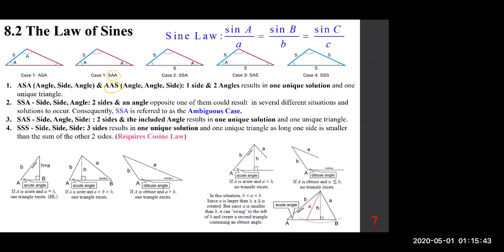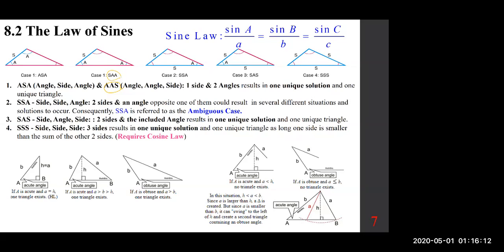When we say ASA, that means we have angle and side and angle. So the side is in between, okay? But the second case, it's not. But nevertheless, we have one side, we have two angles, and it ends up being a unique solution, okay? And one unique triangle. We will go through the process.